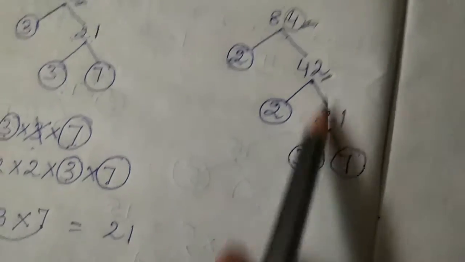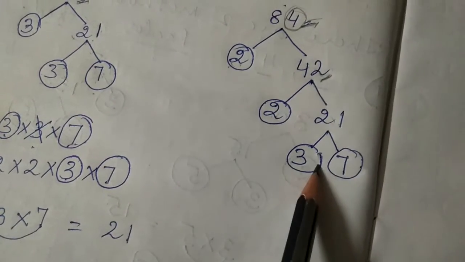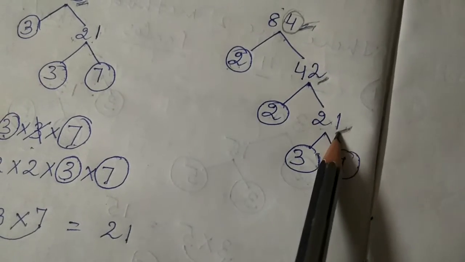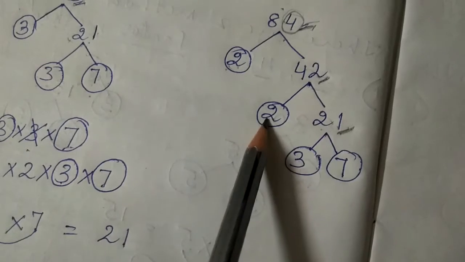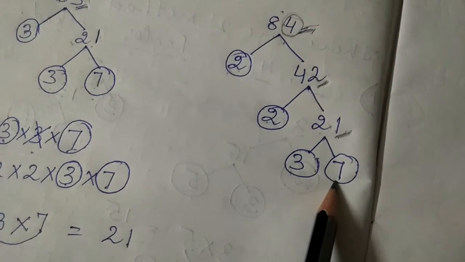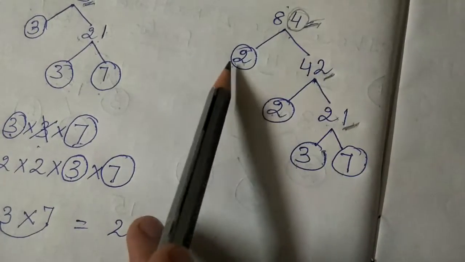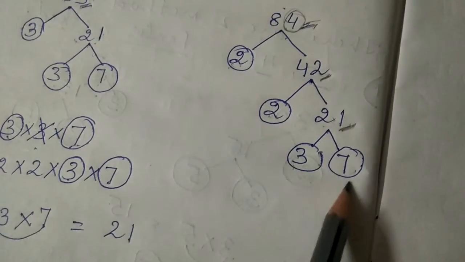So 2 times 21 gives us 42. Clear? And again 21, the last digit is 1, it is not divisible by 2, so it is an odd number. So we will move on to the next prime number, that is 3. So 3 times 7 is 21. So what are the factors over here? We can see 2, 2, 3 and 7, all are prime numbers.